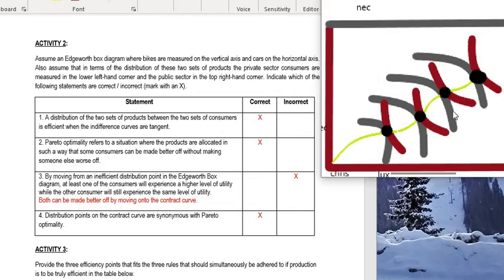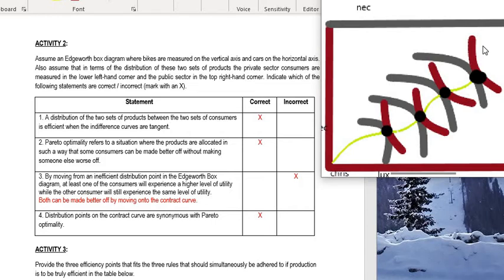So let's just say this was Pareto optimality. Then you wouldn't be able to move higher up onto another indifference curve for Chris without making Lindy worse off. So remember when I said the highest point on the highest total utility for Lindy is the worst for Chris.